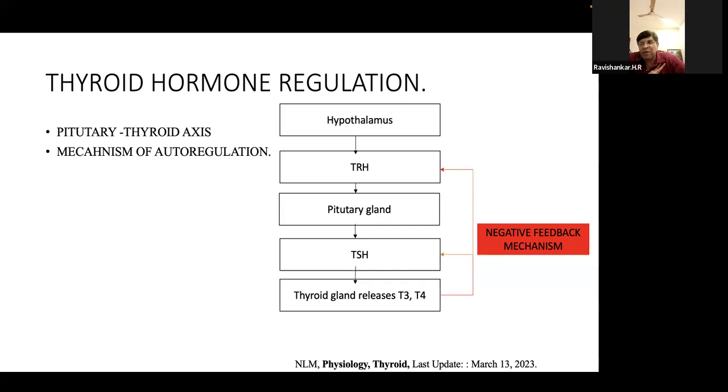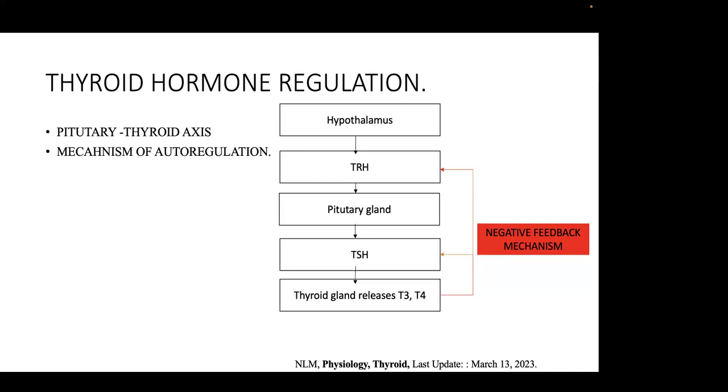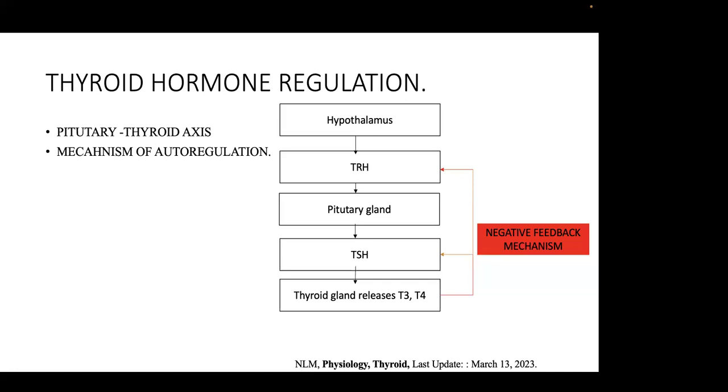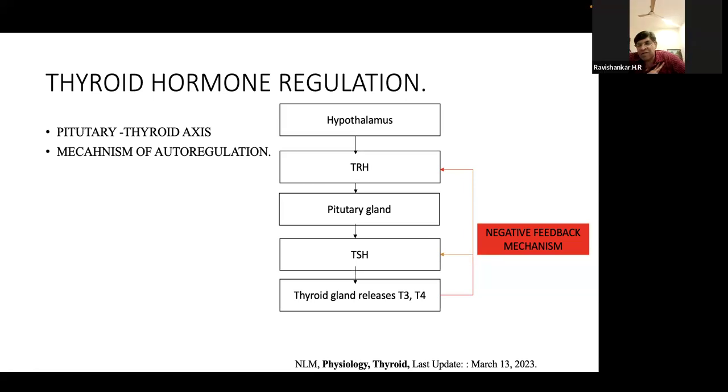One is propylthiouracil, and others are obviously corticosteroids and beta blockers, especially propranolol, and also amiodarone. All of these will prevent peripheral conversion of T4 to T3, because as Einass has very correctly said, T4 is more potent, but T3 is more active.